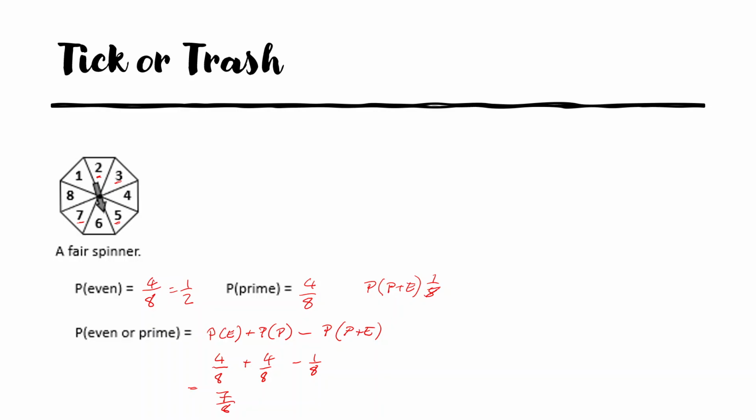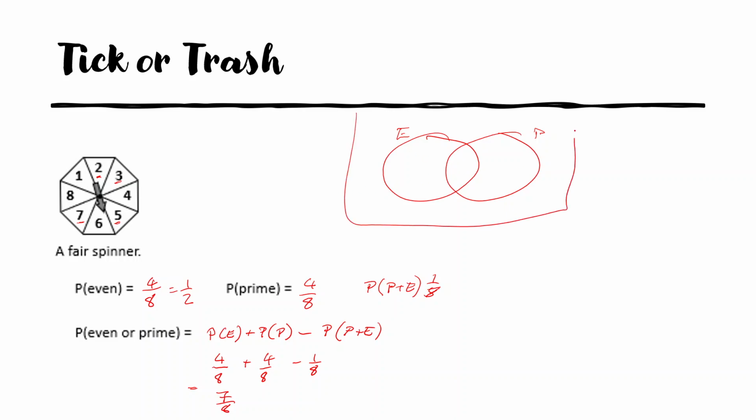The typical way we teach that though, is to view it in terms of a Venn diagram. So where the numbers would go in this Venn diagram, if I had one for even and one for prime: 1 would go outside, 2 would be even and prime, 3 would be prime, 4 would be even, 5 would be prime, 6 would be even, 7 would be prime, 8 would be even.